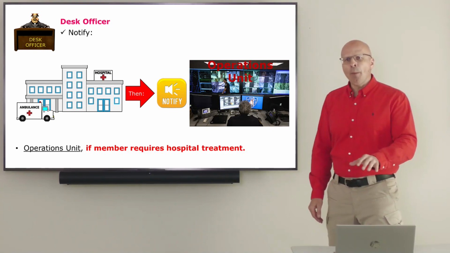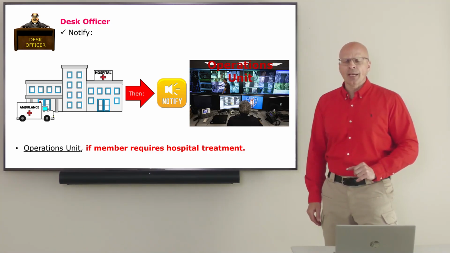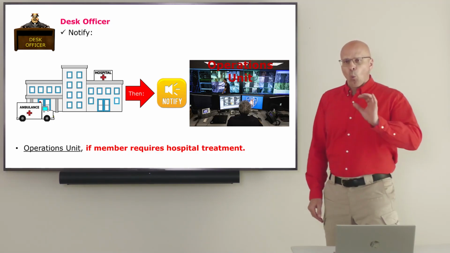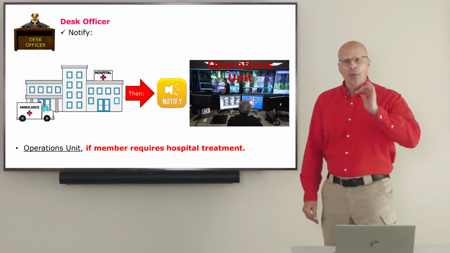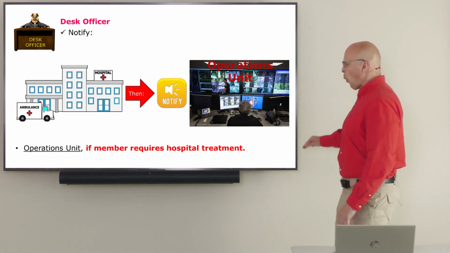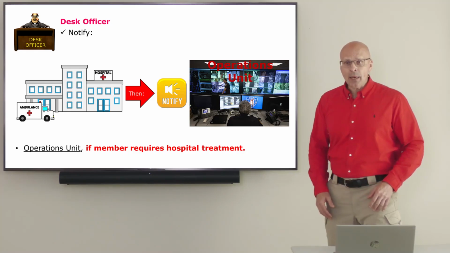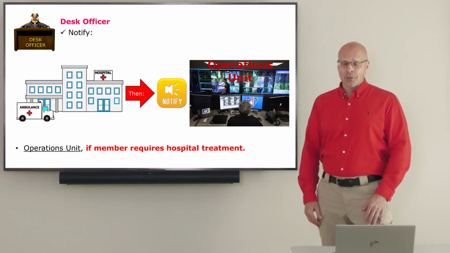But depending on what procedure you're in, depends upon who makes the notification. In 330.03, line of duty injuries, we know it's the desk officer's job to notify the operations unit if a member requires hospital treatment. And it's easy to remember that in this procedure. Why? Because the desk officer only makes notifications.